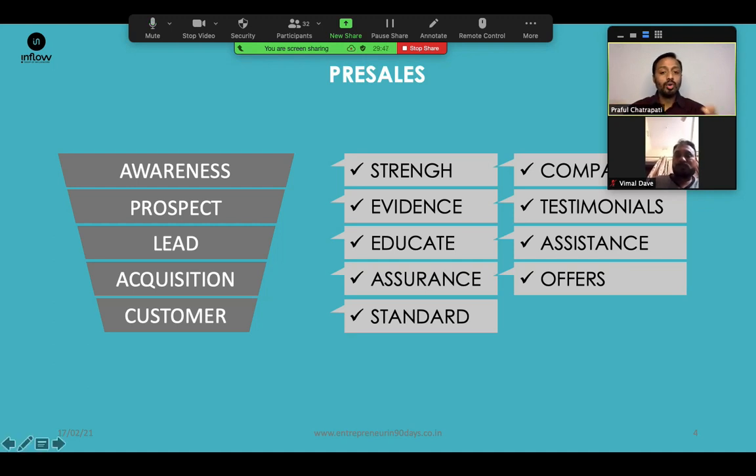Also, at the same time you have to keep uniformity always, because a lot of the time we keep changing our flows, and we keep changing our offers too. So every time a customer comes to this stage, he finds something different offered to him, and you lose that trust and faith.